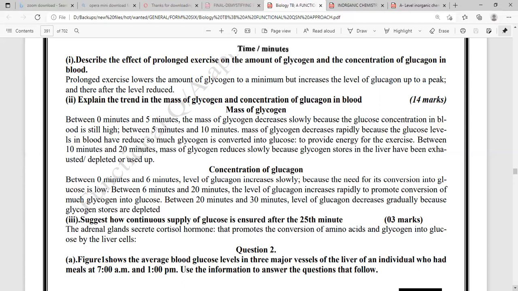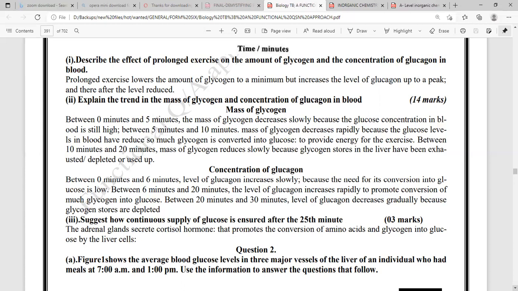Suggest how a continuous supply of glucose is ensured after the 25th minute. Now, when we are looking at the control of glucose levels, homeostasis of the normal blood sugars, we saw the effect of other hormones like adrenaline and cortisol.